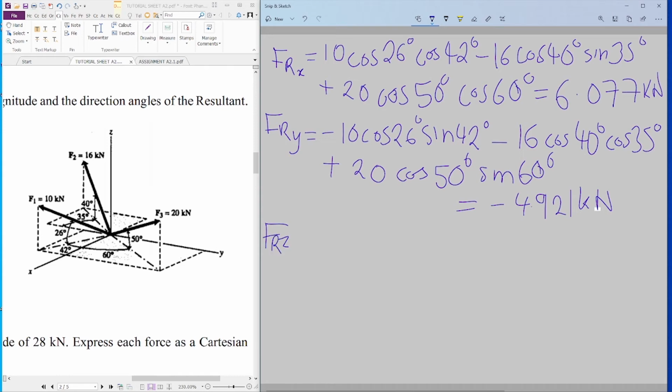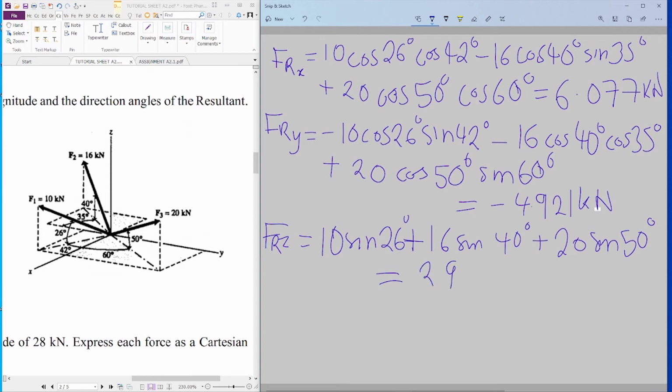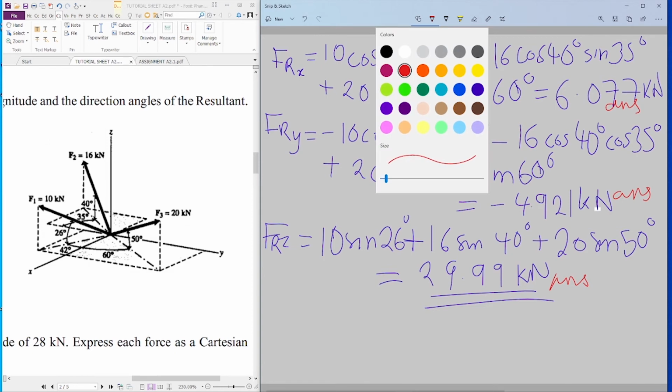FRz, sorry, is equal to, this will just be 10 sine 26 plus 16 sine 40 degrees, and then plus 20 sine 50 degrees, which is equal to 29.99 kilonewtons. So these are our answers.